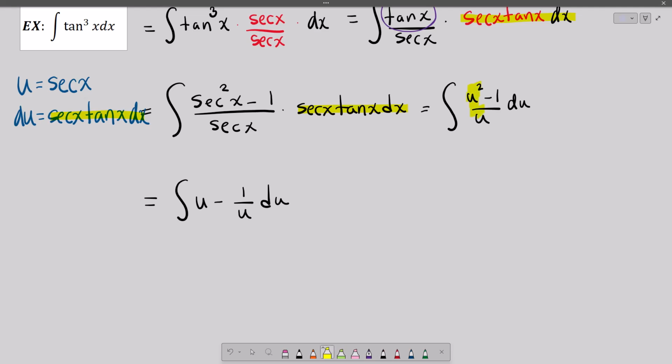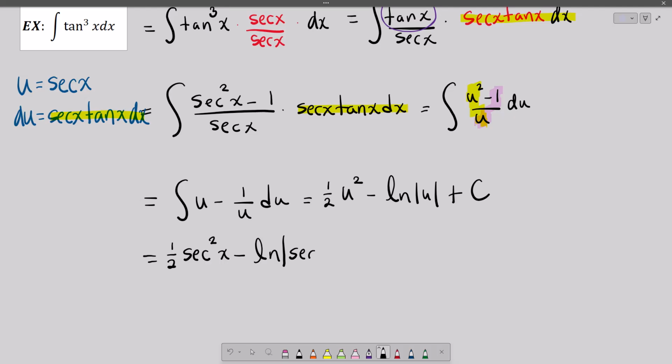We divide it into the u squared, and similarly we divide it into the 1. So we do both. Those are easily integrable. So we get 1/2 u squared minus ln absolute u plus c. And then our final step is that back substitution. So we're going to have 1/2 secant squared of x minus natural log of absolute secant. That will be our answer.